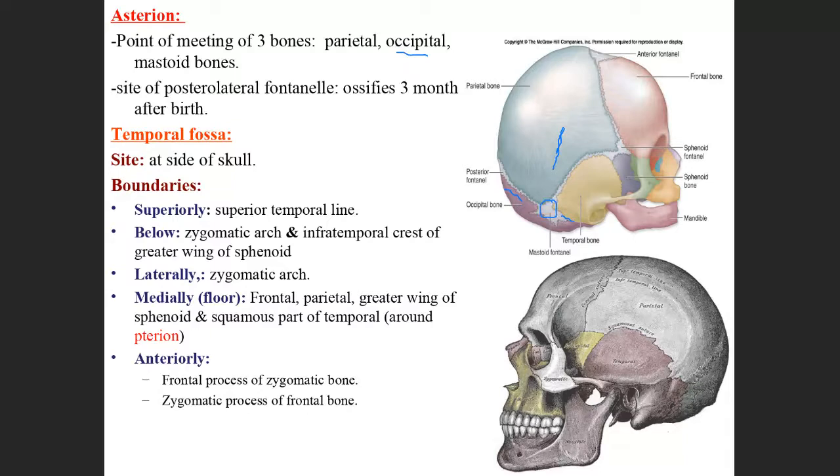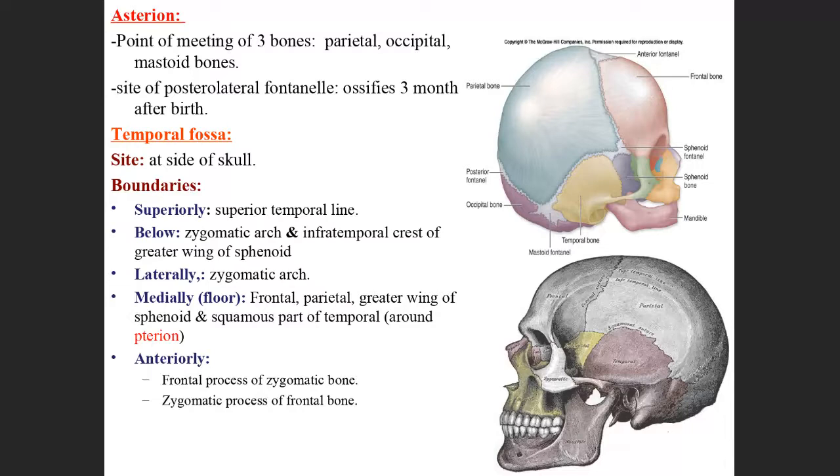And then it is the site of the posterolateral fontanelle, posterior and lateral. It ossifies from 3 months after birth. Ossification means what? It joins together and becomes a complete bone. What we see here is not a complete bone. See here, this is the adult bone. This is the fetus.